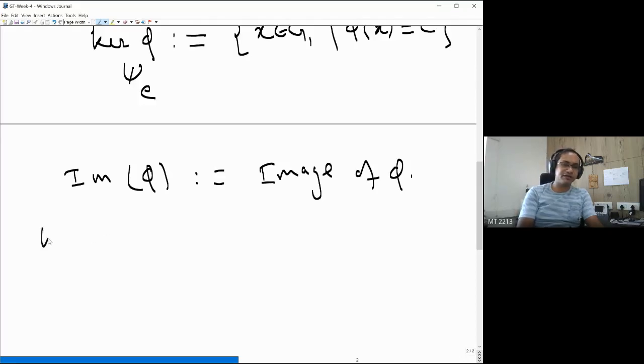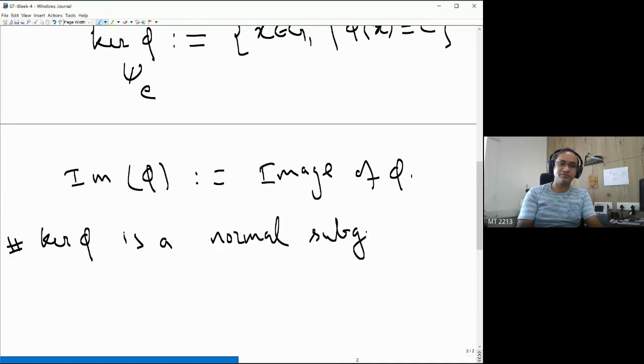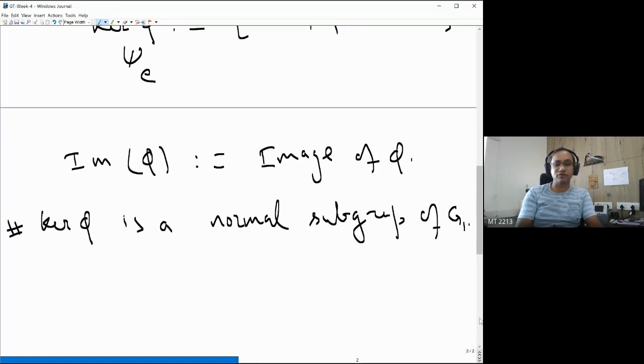Then the statement is that the kernel of phi is a normal subgroup, not just a subgroup, a normal subgroup of G1. Of course it is a subset of G1, though we have not yet checked whether it's a subgroup. And the image of phi is a subset of G2. It's a subgroup of G2. It may not be normal, but it's a subgroup of G2.